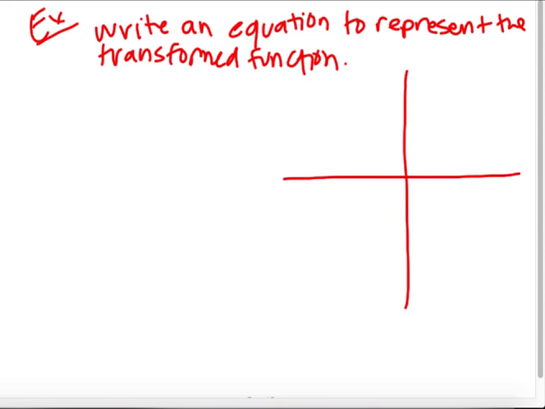So we have a graph, and it looks like this. So what you need to know is you need to be as familiar with your parent function as possible so that you know what function that is.